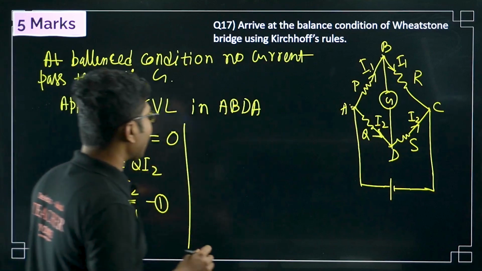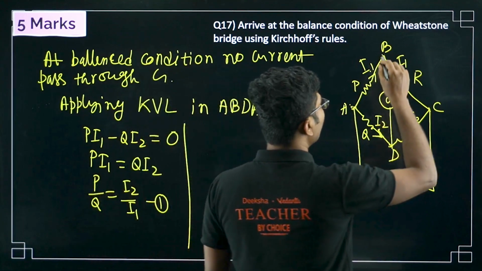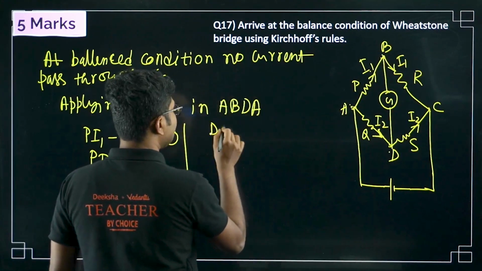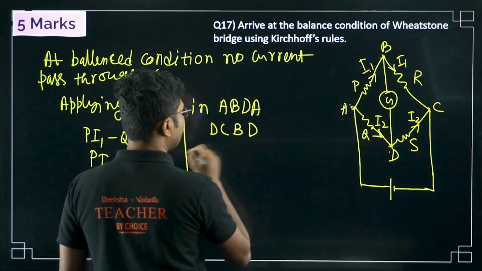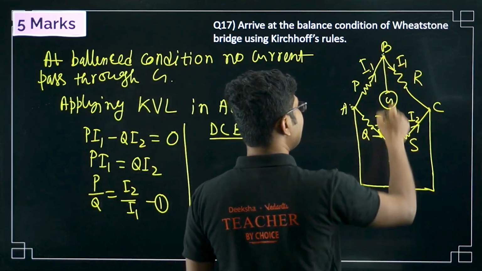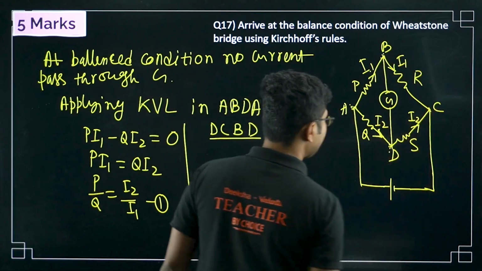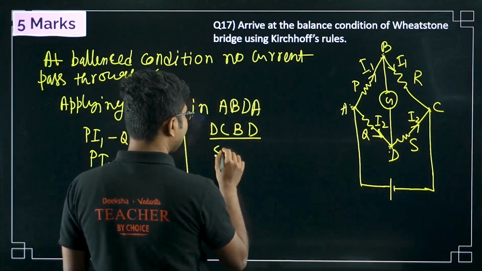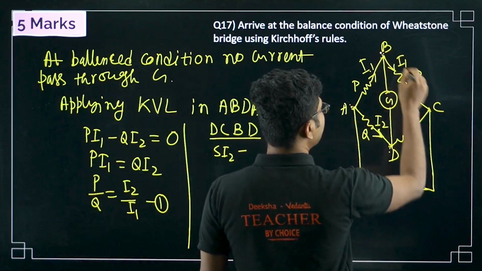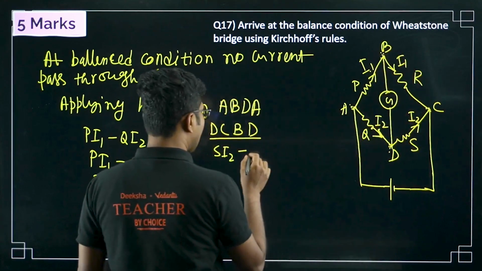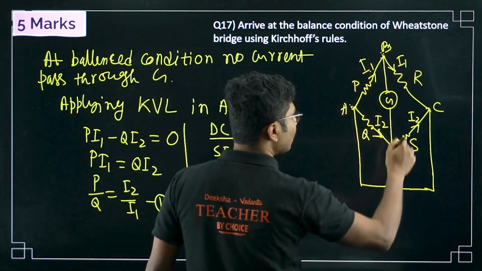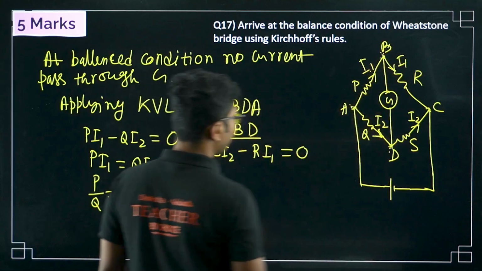Next, again we will apply the same KVL in the loop D, C, B, D. This is the second loop. Now again we are going in the direction of current, so S into I2, minus, now we are going opposite to the current, I1 into R, and there is no current here, so this should equal 0.